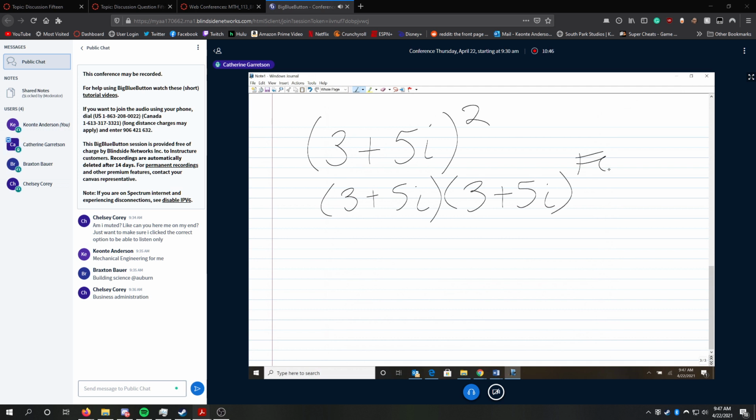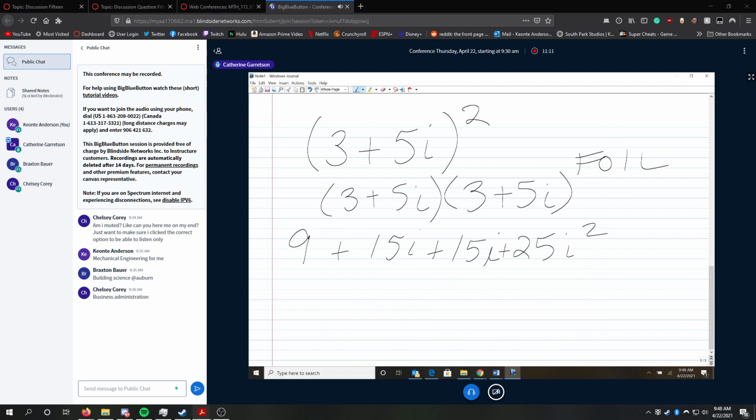And if I FOIL that, first, outer, inner, last, this would be 3 times 3, which is 9. Then the outer would be 15i. The inner would be 15i. And the last would be 25i squared.